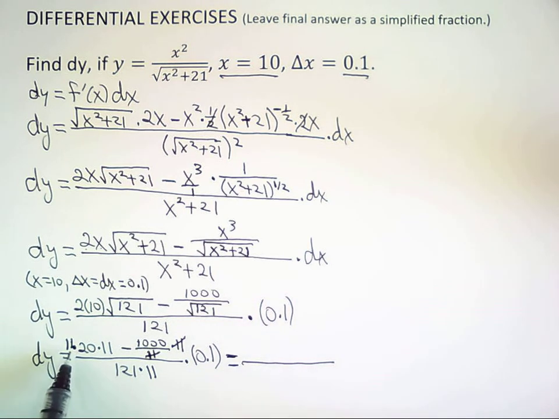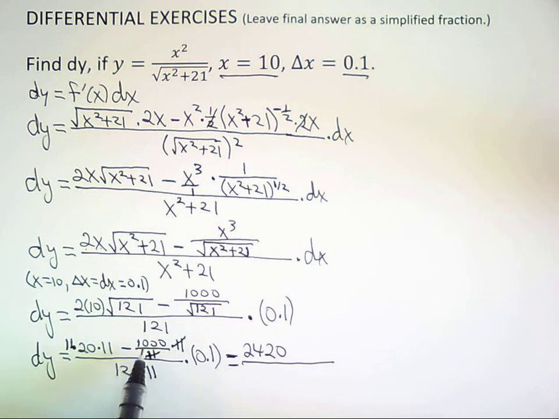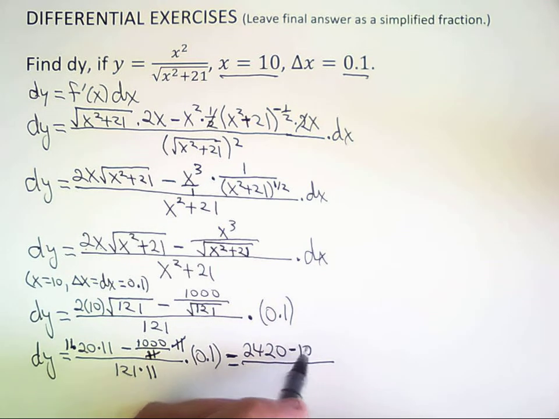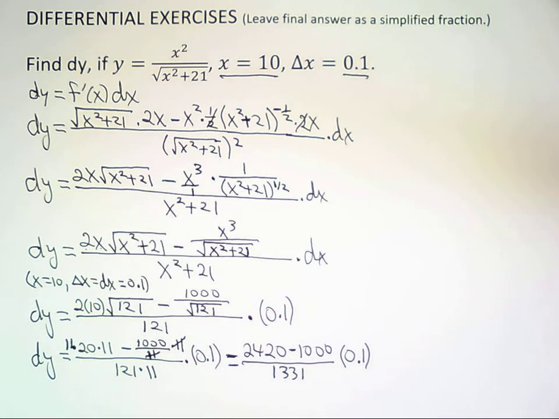And I'll let you do that on your calculator yourself, but 11 times 11 times 20 turns out to be 2,420. And then here the 11s cancel, so you just get minus 1,000. And then that's divided by 121 times 11, which again I'll let you double check, but it's 1331. And that's multiplied by 0.1.